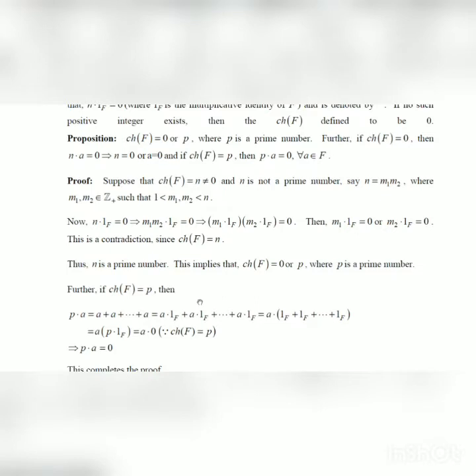If characteristic of a field is 0, then since n into A is giving you 0, so 0 into A will be equal to 0, or if A is 0, then it is 0. Because of that fact, this is trivially true. Hence, this completes the proof.